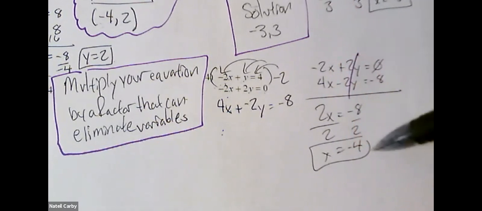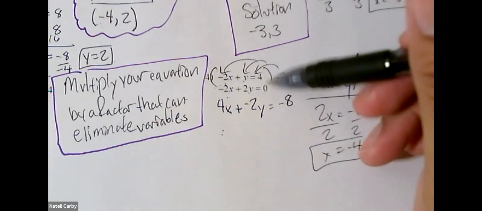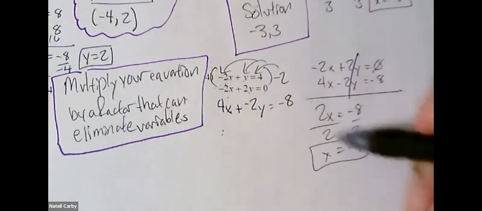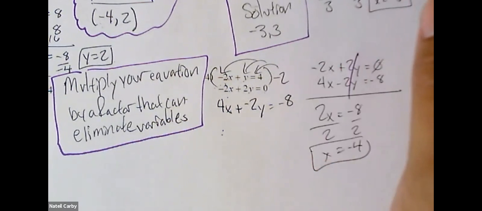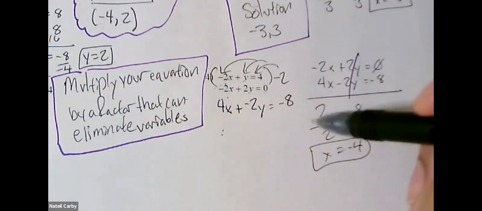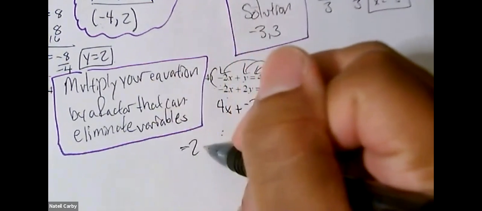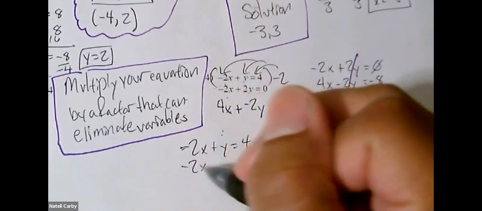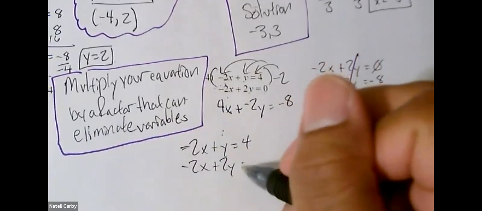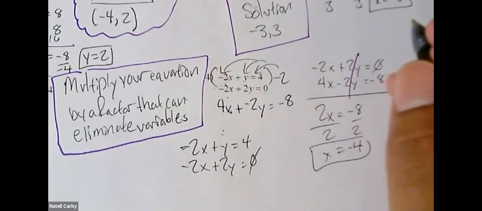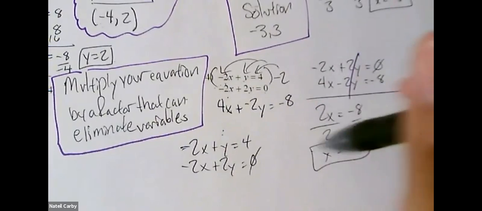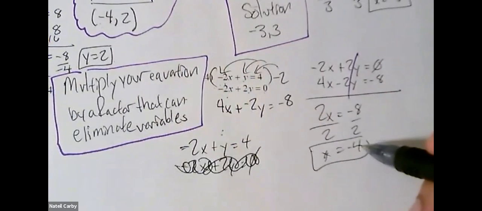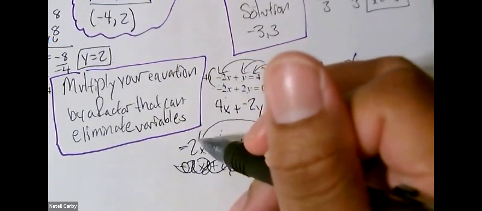Then again, take this negative 4 and plug it into one of the original two equations. I always like to plug it in the first one because it's just habit, but you can do whatever. So we have negative 2x plus y equals 4. So now that I have x equal to negative 4, plug it in here, right?